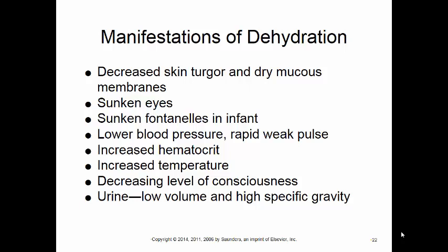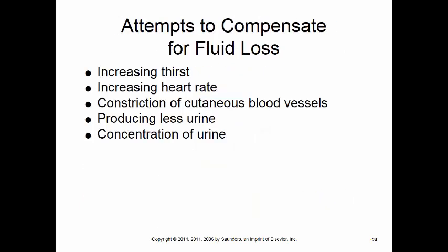The hematocrit can increase because they have less water, less plasma, and so there's going to be a higher percentage of cells. The temperature can increase, and decreasing levels of consciousness. So over time, as dehydration effects kick in. Also, urine output can be low, and have a high specific gravity or concentration.